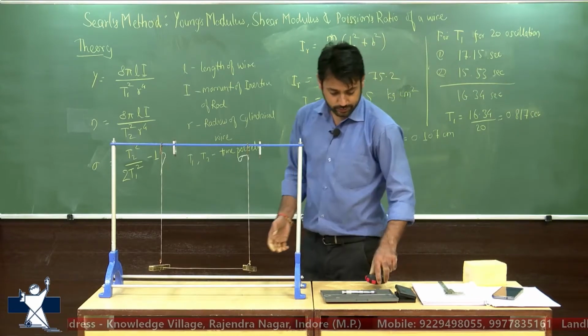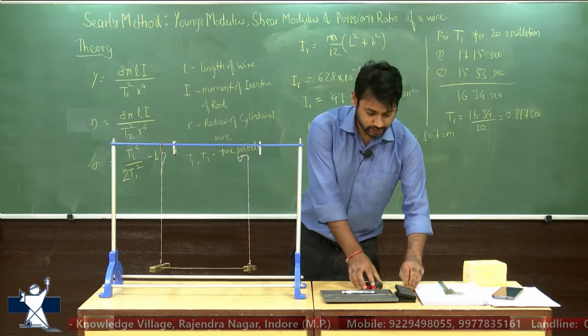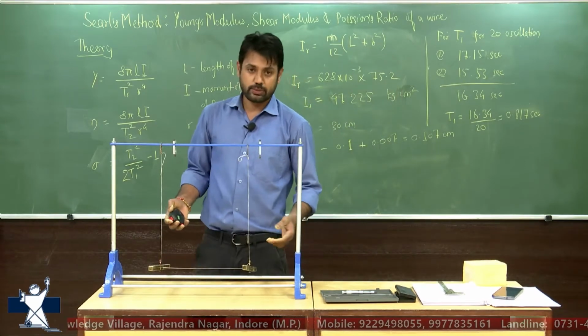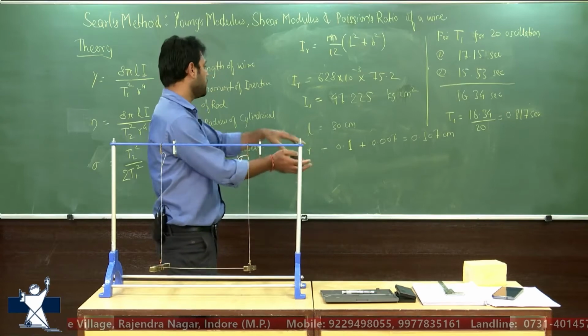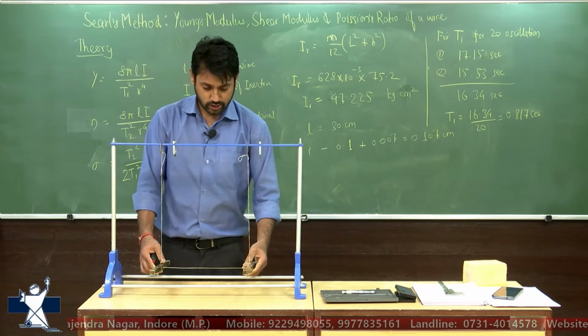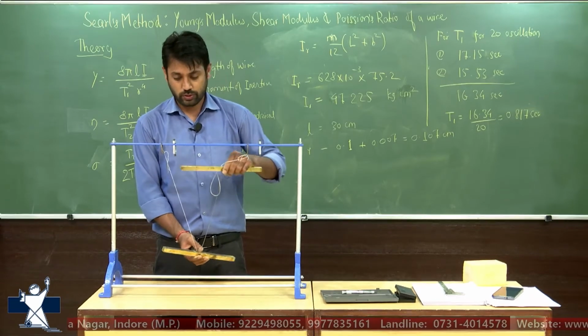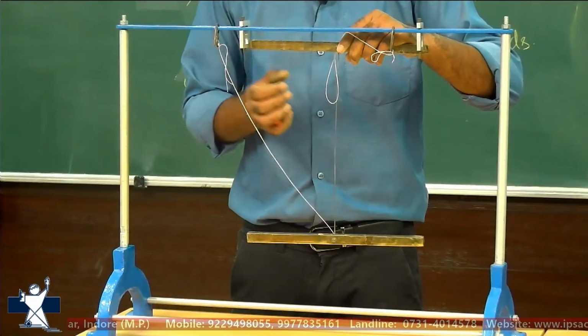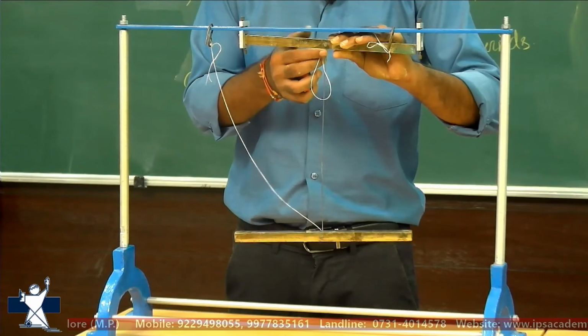Next, since we are doing our measurements, let's measure T2 also, and then we can do all the calculations after this. To measure T2, I am going to fix one of the rods in this hinge.